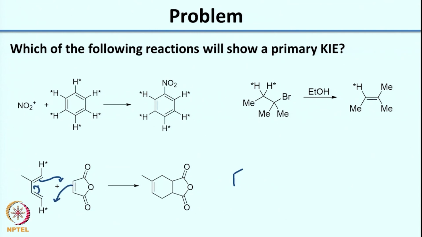You will have a transition state which looks like this, so you have partial bond formation and partial migration of the pi bonds. You have a methyl here and these are the hydrogens that have been labeled. So this is what your transition state will look like.